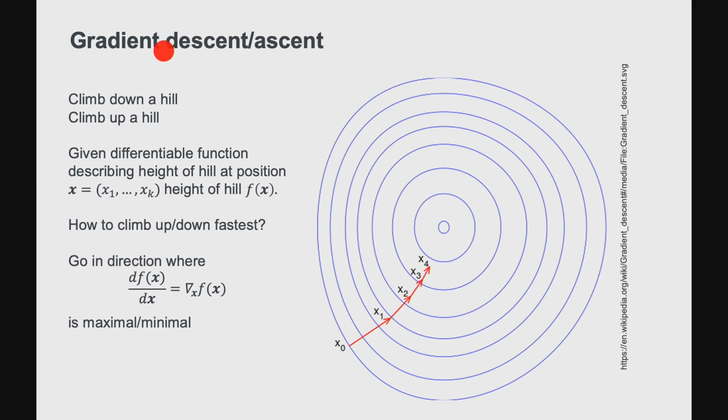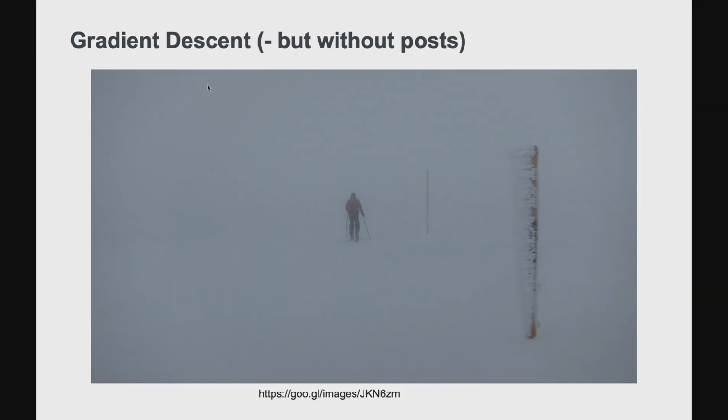And so what is gradient descent in a more general way? I think I've mentioned it a few times, but I've not really explained it so far. Gradient descent or gradient ascent is when you have some complex function and you don't know exactly how this complex function looks. I was once skiing on a glacier, and then there was some snowstorm coming up, yeah? And what happens when you are in such a snowstorm?